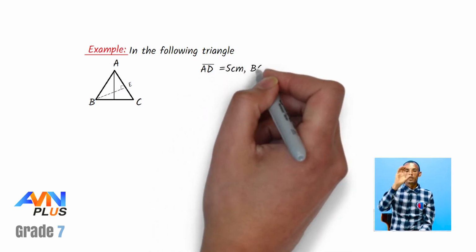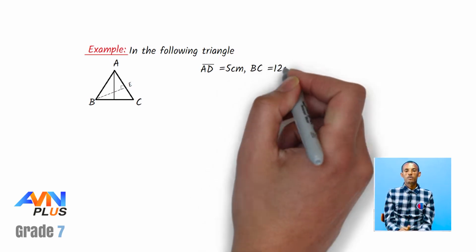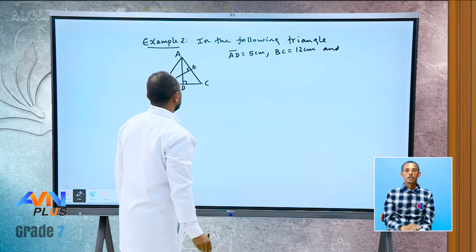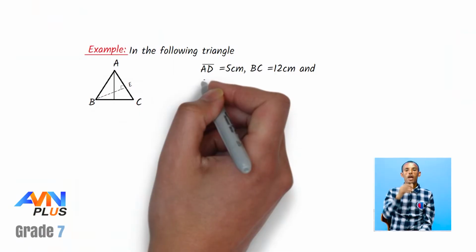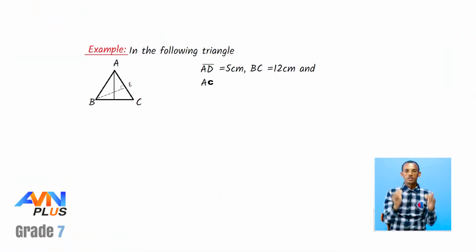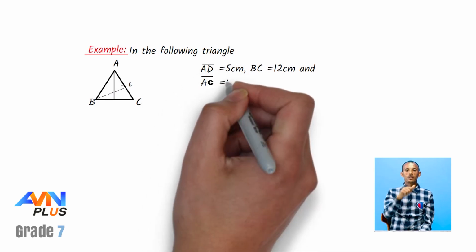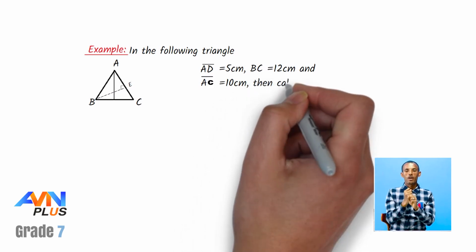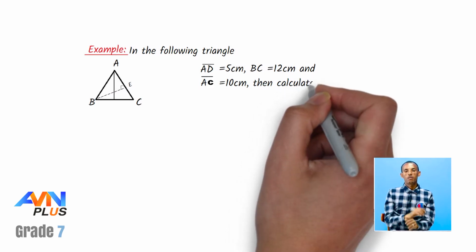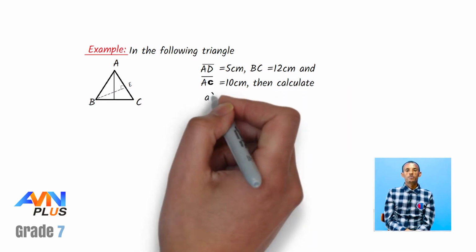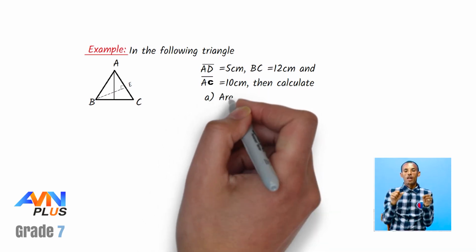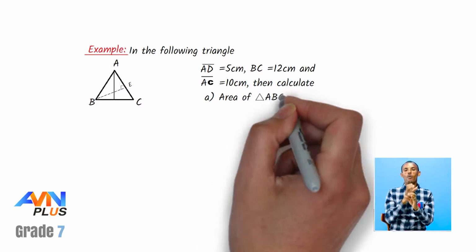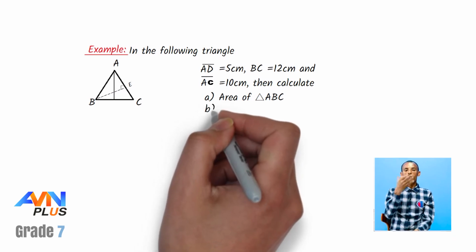BC is equal to 12 centimeter and AC is equal to 10 centimeter. Then calculate one, the area of triangle ABC, and two, the length of BE.